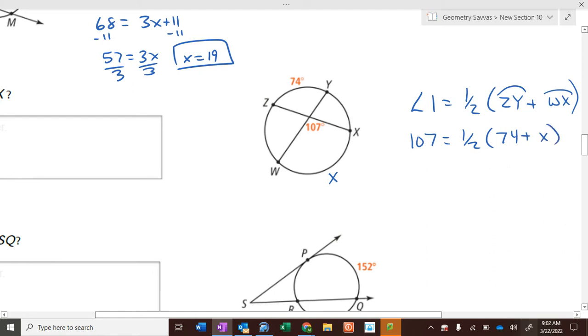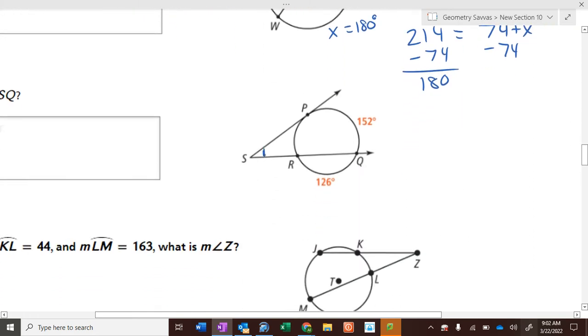Again, we don't like fractions, right? So to get rid of the fraction of 1/2, we do what? Multiply by 2 on each side. So 214 equals 74 plus X. Then what do we do to each side? Subtract 74. We get 140. X equals 140 degrees.